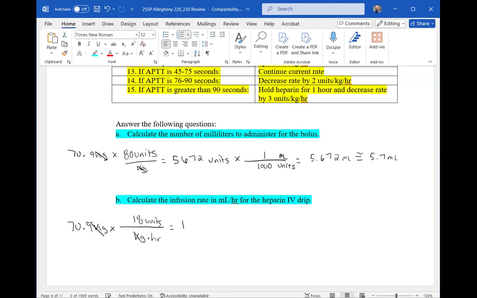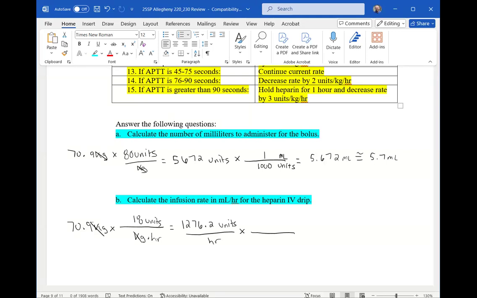I'm just going to write that down: 1,276.2 units per hour. Now, just like we did in the question before I started this heparin protocol, we're converting units per hour to milliliters per hour. You did this in the previous question. How do we do it?